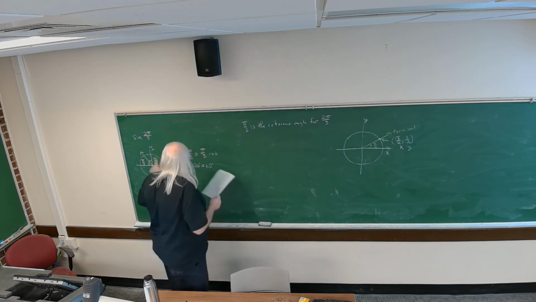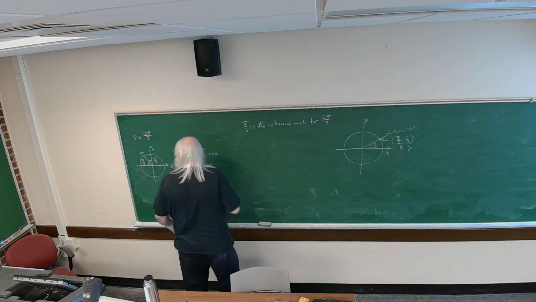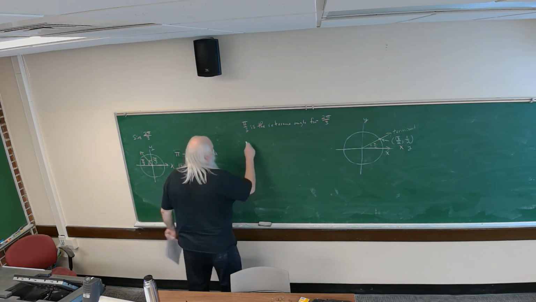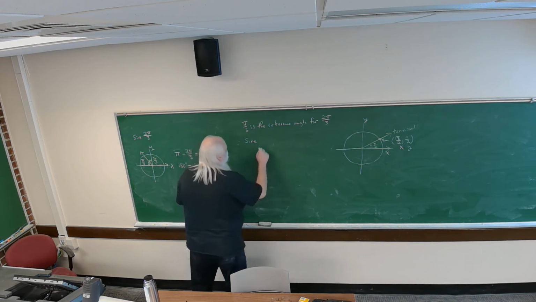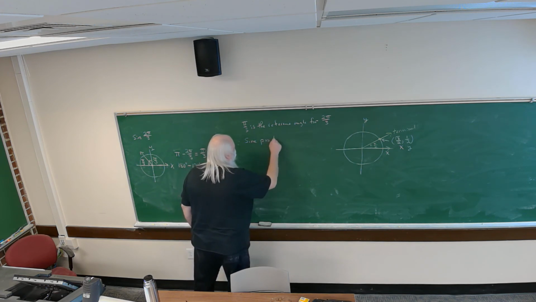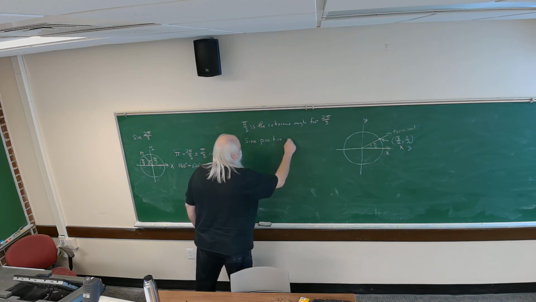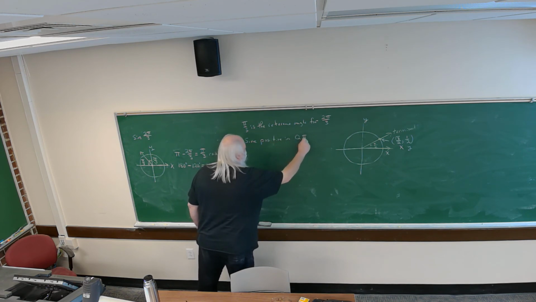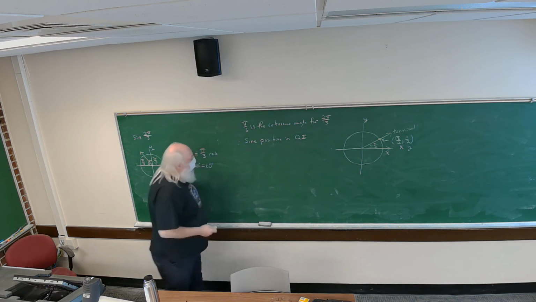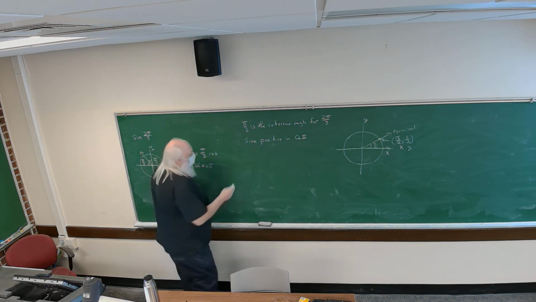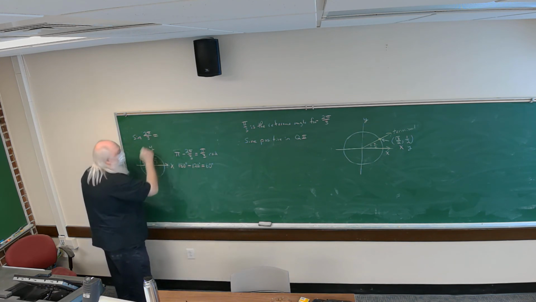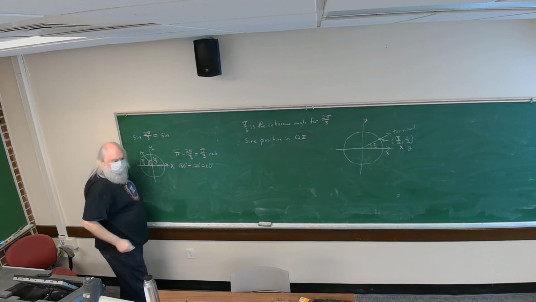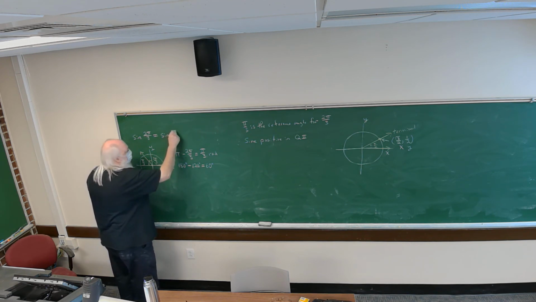And we know in the second quadrant, the y coordinates are positive, so the sine function is positive in quadrant 2. So the sine of 2 pi over 3 here is going to equal plus sine of pi over 3 radians.